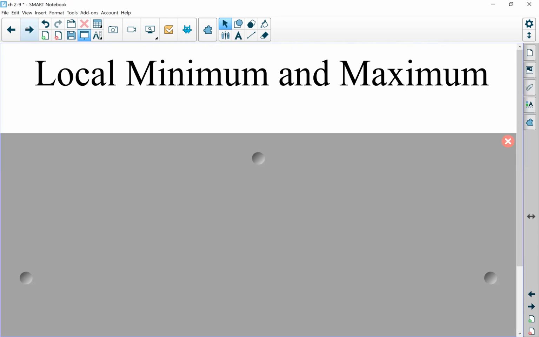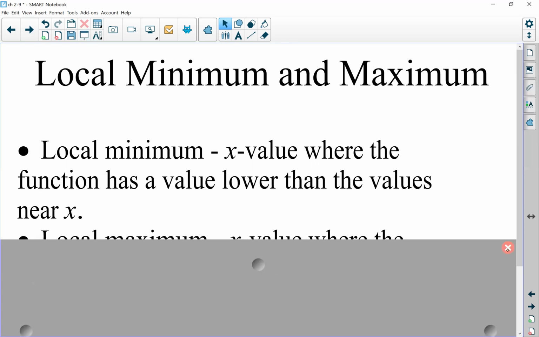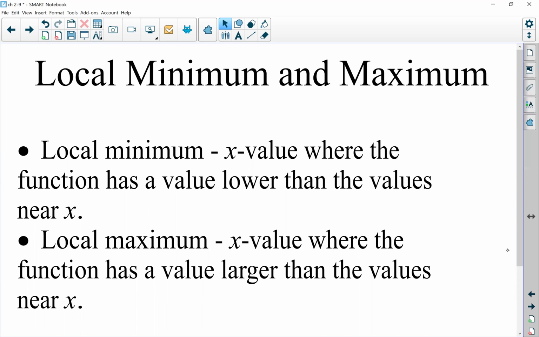So if we know where we're increasing or decreasing, then we can find local minimum and maximum values. A local minimum happens at an x value where the function values are less than anywhere else around that x value.